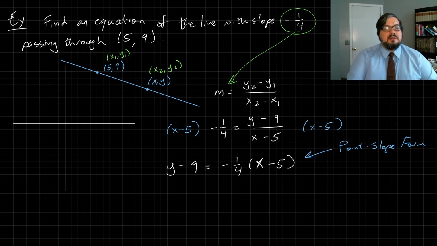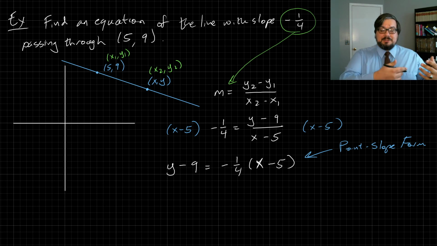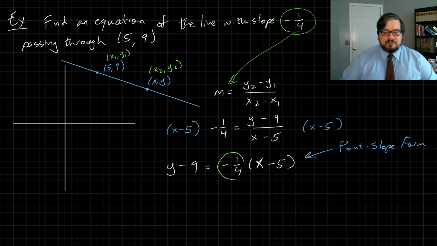And it's called that because it gets built out of two things. The slope-intercept form of the line, y equals mx plus b, was built out of the slope and the y-intercept. The point-slope form is built out of the slope and some point. So notice that in this setup, this negative 1/4 here is the slope.